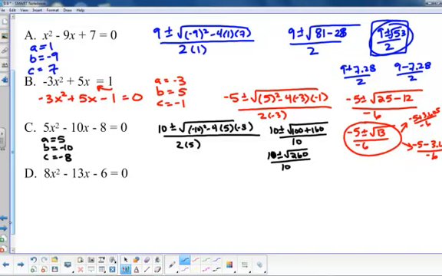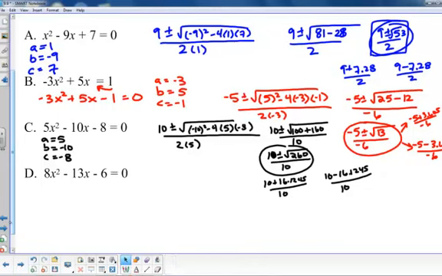So the square root of 260 is 16.12. Again, this is a totally fine answer. You could go through and solve 10 plus 16.1245 divided by 10 and 10 minus 16.1245 divided by 10, or you can just leave it.